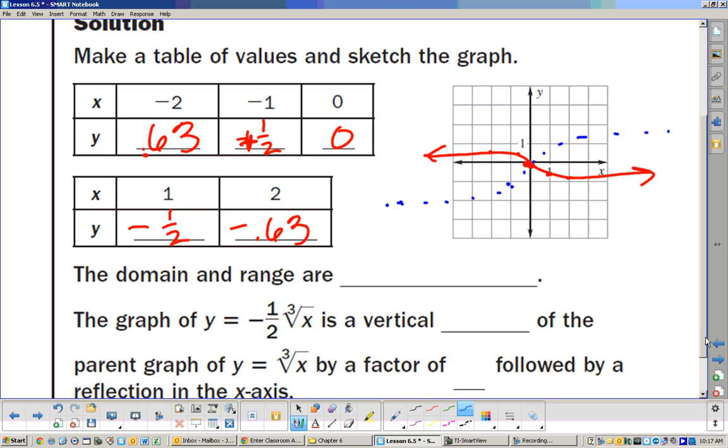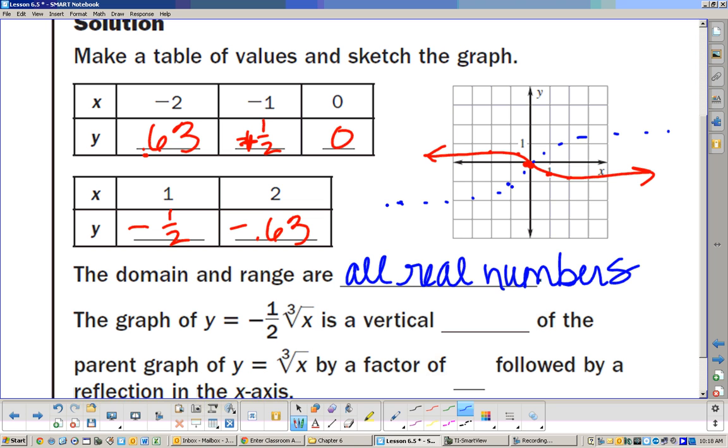What are the domain and range of the cubic root? Every single time. All real numbers. You don't even have to think. All you have to think is like, oh, it's an odd root. I know the domain and range is all real numbers. Every single time. There's very few things in math I can tell you happen every single time, but that's one.